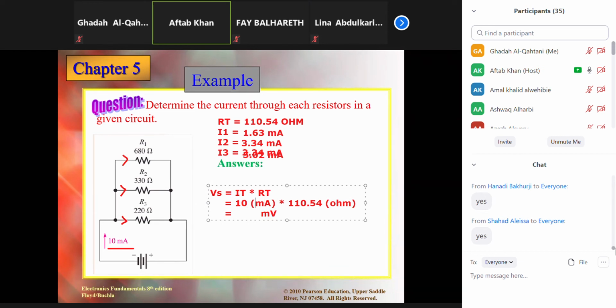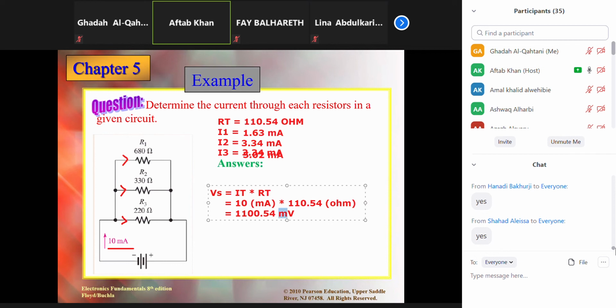I will multiply 10 by this one. When I multiply, I will be writing, because of 10, 0.54. You know, when I multiply by 10, it should be the result. You can check yourself if it is wrong. I am not using the calculator. This is the result. Now, this is in milli.